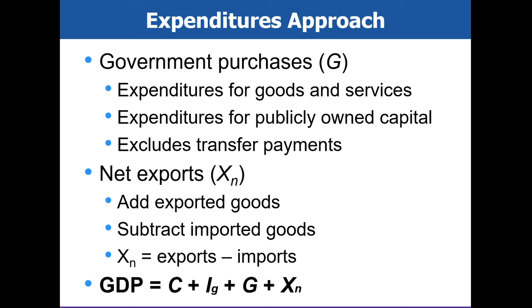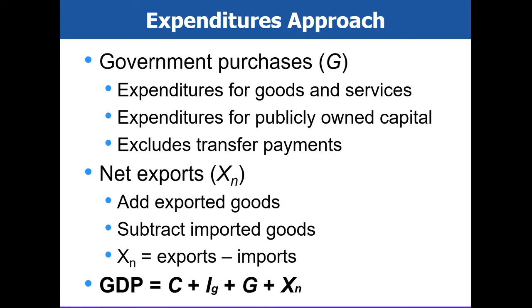So now we have a formula for GDP. GDP is equal to consumption plus gross investment plus government plus net exports. If you wanted to have an abbreviation, exports are X and the imports are M. So X minus M gives you X sub N.